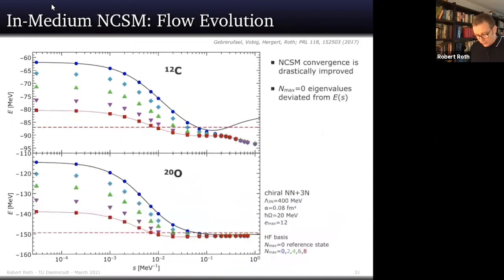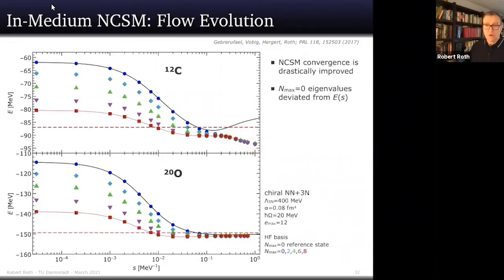Now, you can do that for essentially many nuclei. We are just exploring the sd shell with these methods. Here just another example, oxygen 20, which shows a really nice flow behavior. So you see out here, nothing happens anymore. So your results are stable with flow parameters. So there you don't have this problem with induced many-body terms.